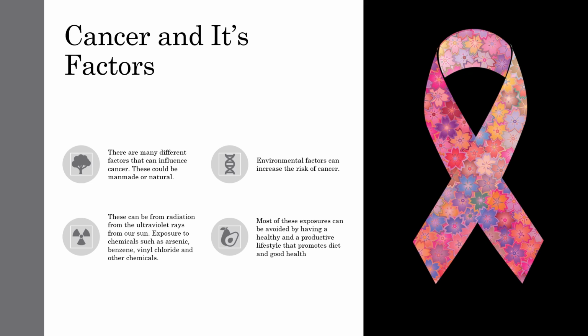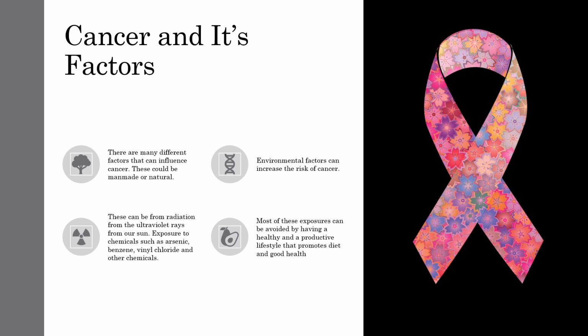Cancer and its factors. There are both man-made and natural ways a person may contract cancer. Radiation from UV rays from our sun and exposure to toxic chemicals such as benzene, arsenic, and vinyl chloride are such examples.